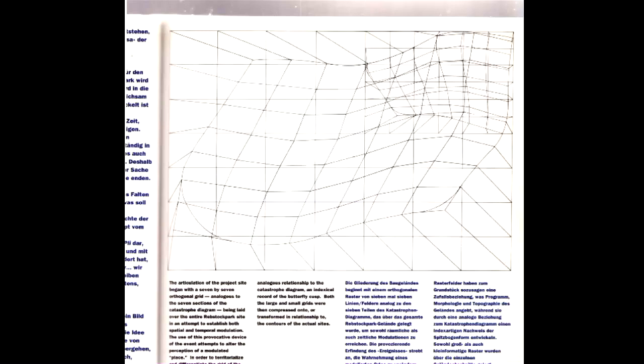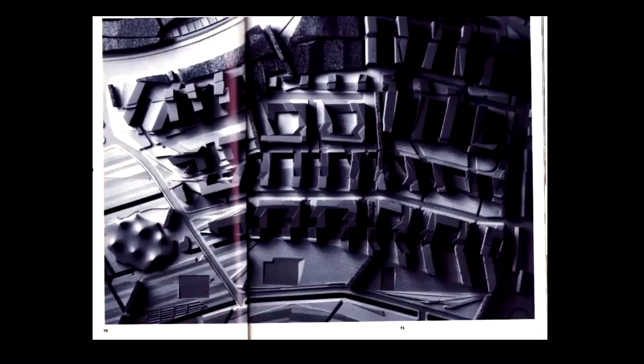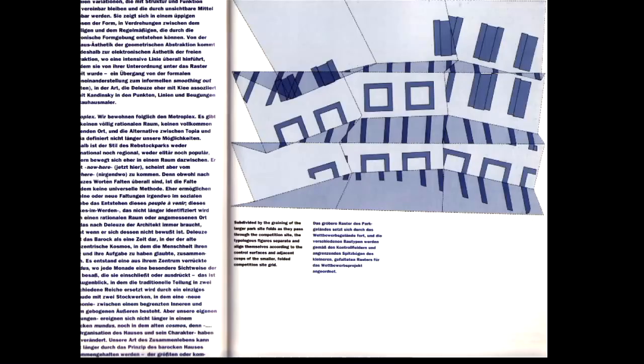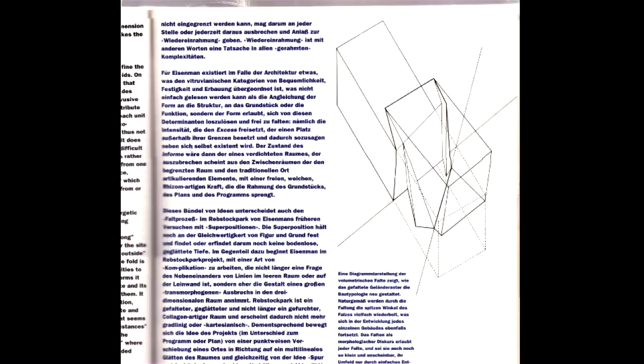For Eisenman, this is an articulation of the project site that began with seven orthogonal grids, and then he shifts them and contorts them to create this project. You can also see how he's making the forms of the building by taking a regular parallelepiped, a rectangular volume, and then shifting that. This is where he's trying to break away from the idea of the Cartesian grid.